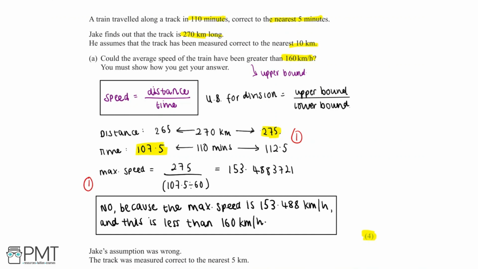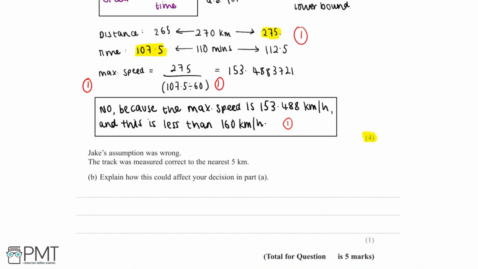The third mark is for a process to work in consistent units of time, which we did when we did 107.5 divided by 60, so that the time is in hours rather than minutes. The fourth and final mark is for a conclusive statement, saying that no, the average speed of the train could not have been greater than 160 km per hour, because we found that the max speed is 153 km per hour, and this is less than 160, allowing us to get the full 4 marks for part A.